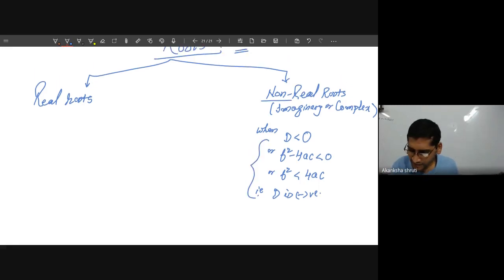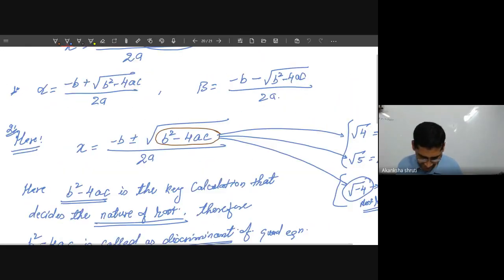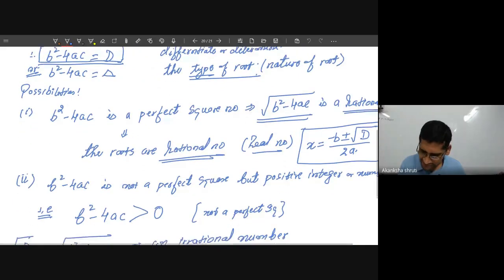So for checking whether the roots are real or not, you have to first calculate this b square minus 4ac. If it is coming less than 0, it means you cannot calculate it. Now for real, the remaining will be this one. So for this, D should be greater than 0 and also equal to 0, because observe carefully, in these three cases whatever we have listed, observe rational root, it is also real.